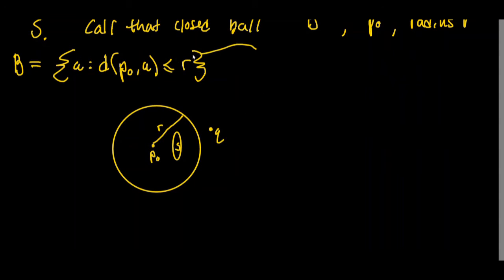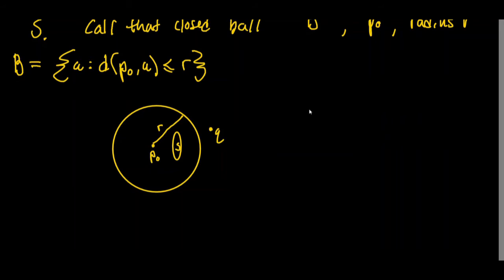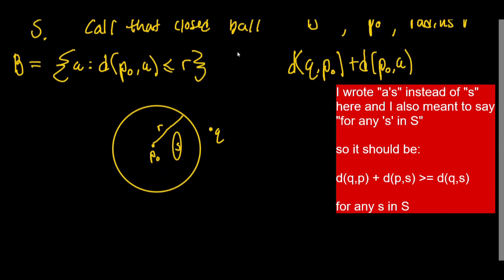And we want to show that there exists some closed ball like this that contains S. We know that the distance between Q and P naught plus the distance between P naught and A, for any A, is greater than or equal to the distance between Q and A. And we know this statement because of the triangle inequality.